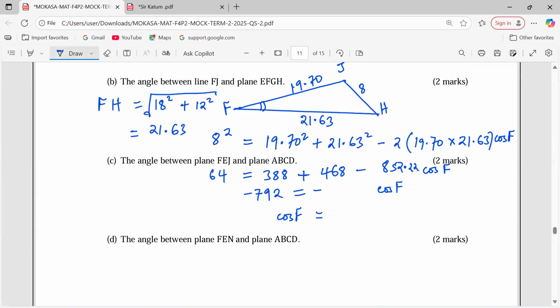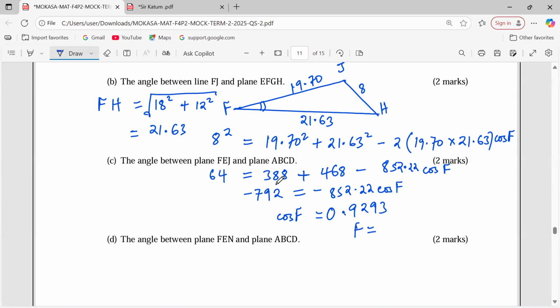852.22. The negative will cancel. And now we'll be having 792 divided by this value, which is 0.9293. So that we get the angle at F, we get the cos inverse, shift cos.